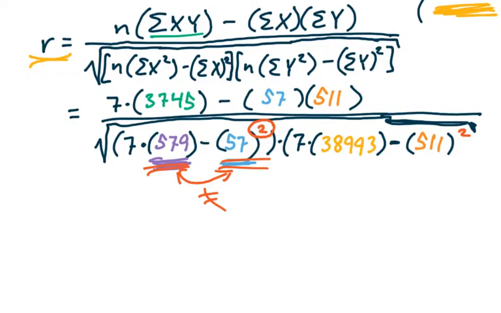So from here I basically just get out the calculator, plug in everything, and we round it to 3 decimal points, 3 digits past the decimal point. So that will become negative 0.944.